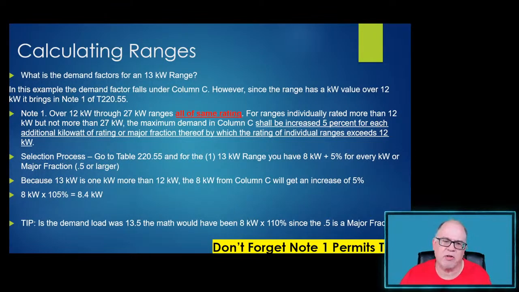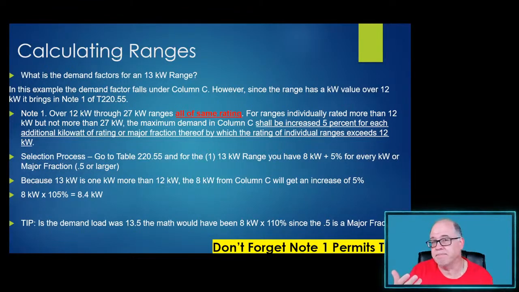The reason I'm using 105 here is because anytime I need to increase a value by a percentage, I can use 100 as the base. If I did 8 kW times 100%, it's 8 kW. But if I did 8 kW times 105%, that's increasing it by 5%. If I do 8 kW times 110%, then that's increasing it by 10%, and so forth. A lot of times it's just as easy to do 8 times 5% and then add that value back to the 8.